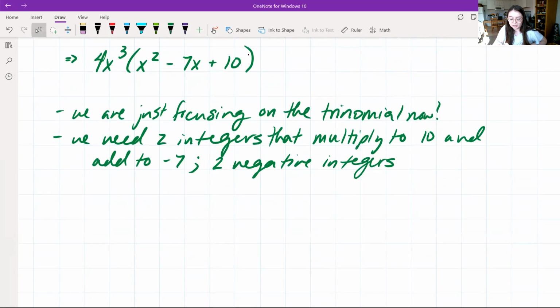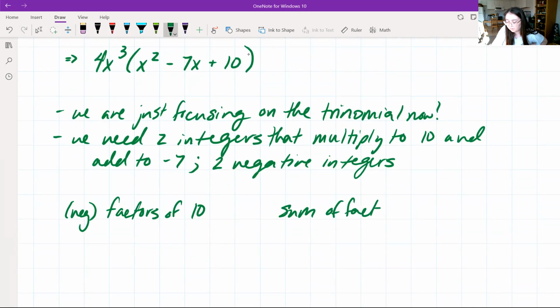And just as before, we're going to make our table here of negative factors of 10 and then the sum of the factors. So negative factors of 10 are negative 10 and negative 1, and also negative 5 and negative 2.